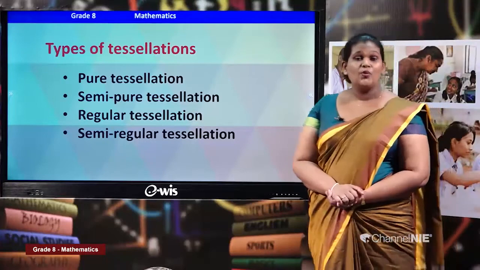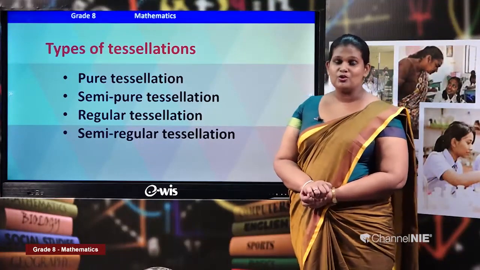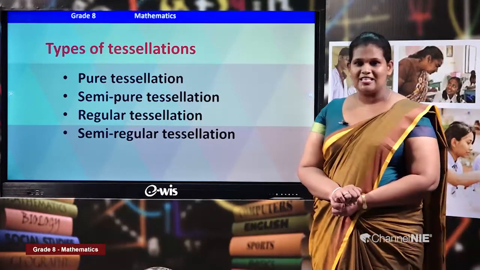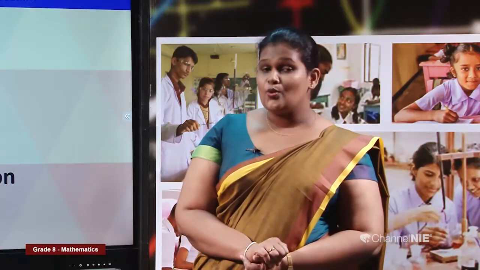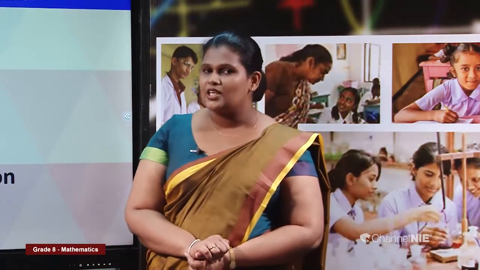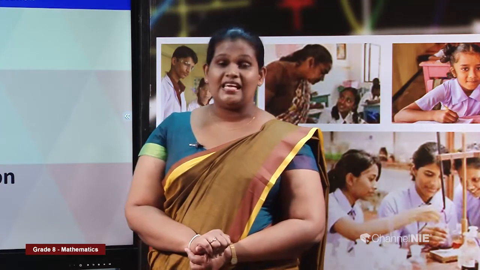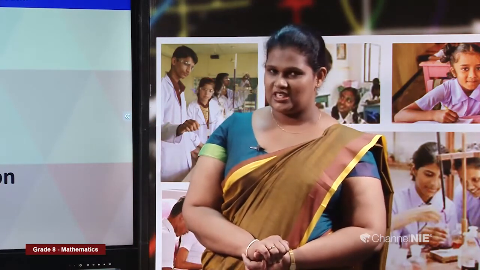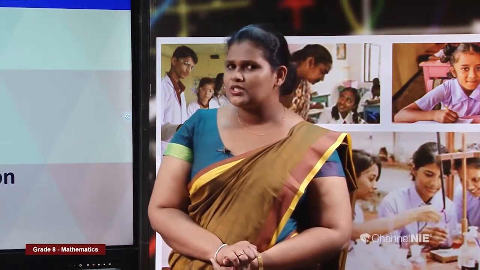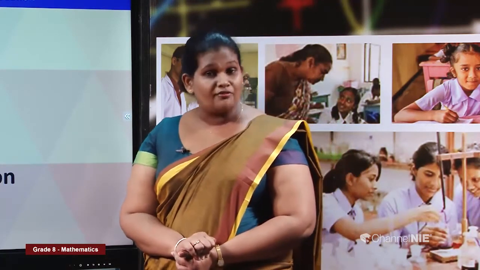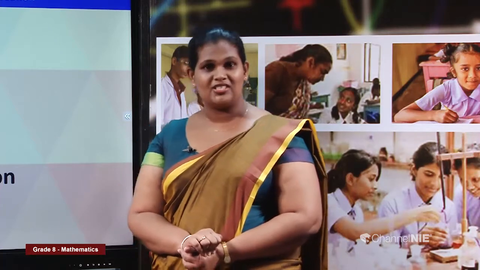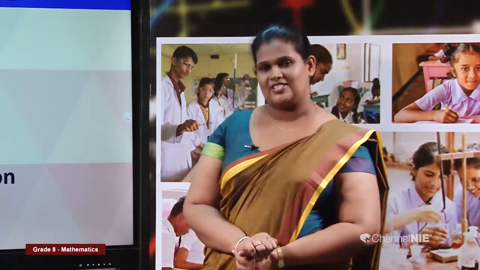Right. Now we have gone through so many examples for tessellation. So now we are going to talk about the types of tessellations. In grade 7, you have learnt on 2 types of tessellations. Can you remember those? Yes, you have learnt on pure tessellations and semi-pure tessellations.